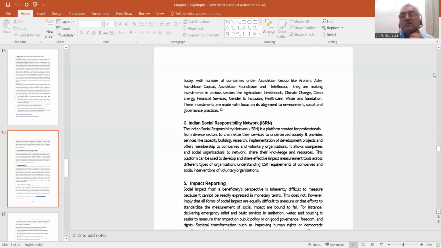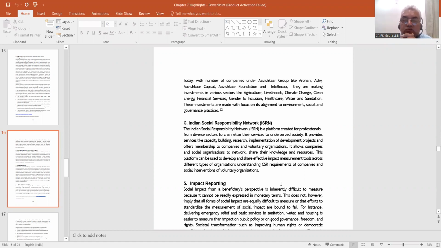Third is the Indian Social Responsibility Network, ISRN. This Indian Social Responsibility Network is a platform created for professionals from diverse sectors to channelize their services to underserved society. So it provides services like capacity building, research, implementation of development projects, and offers membership to companies and voluntary organizations.